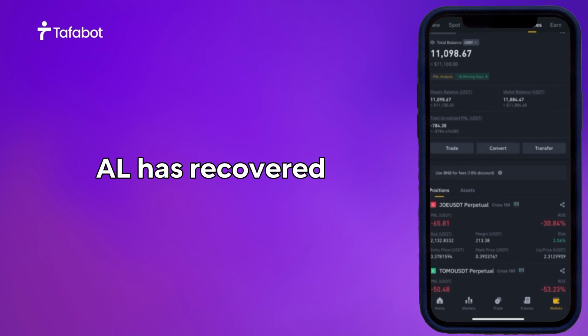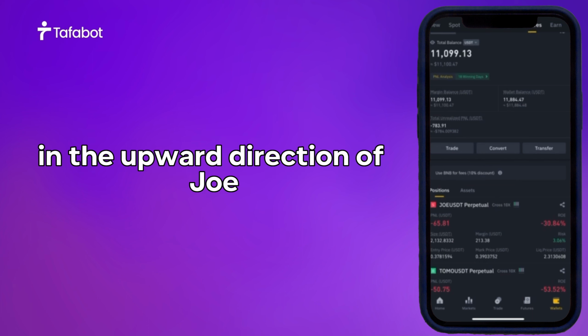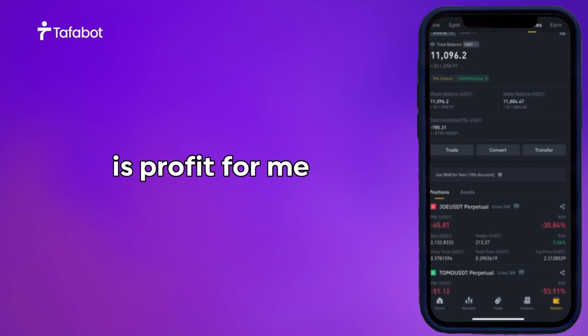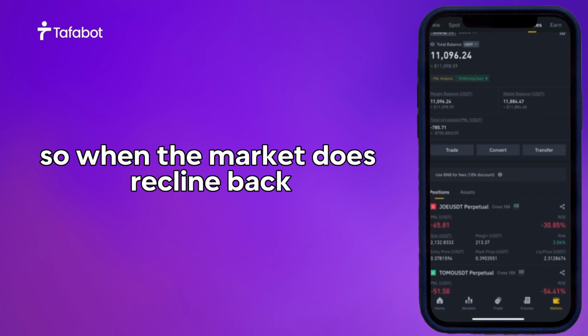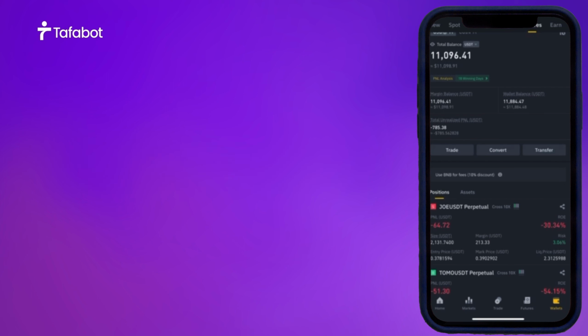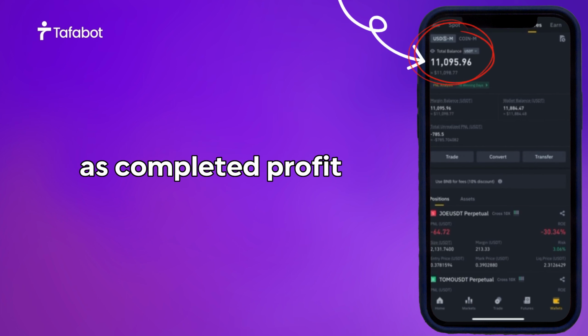What it means is AL has recovered more than $65 in the upward direction of Joe. Right now, every move that Joe does downward is profit for me. So when the market does recline back, I'm going to be getting all of these negative profits transferred into my total balance over here as completed profit.